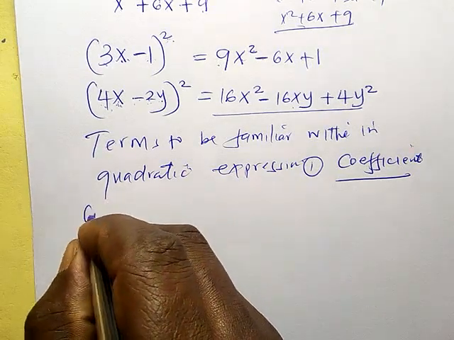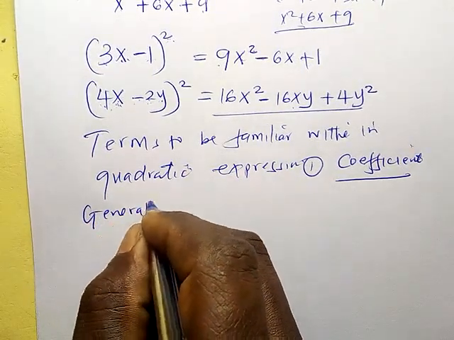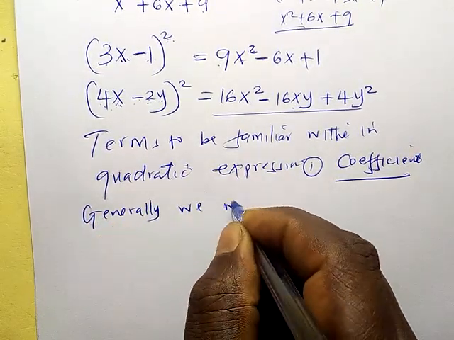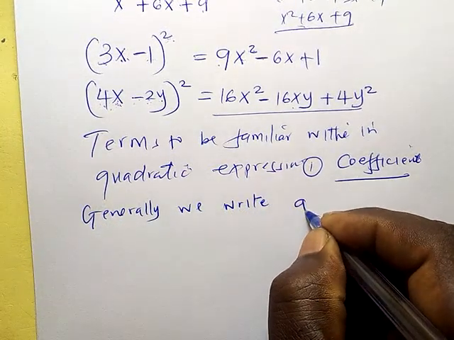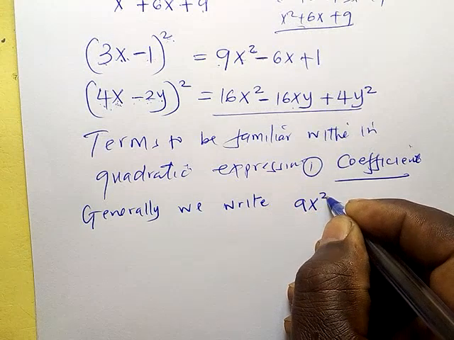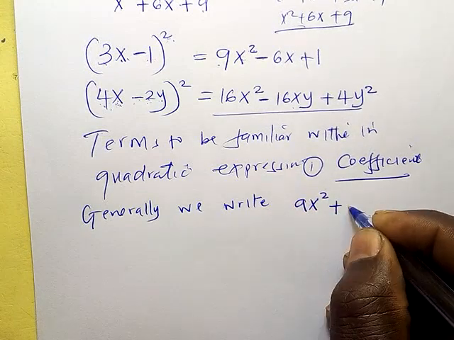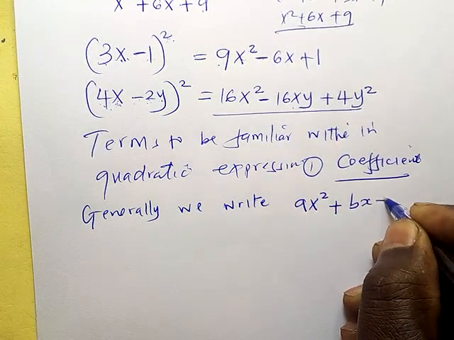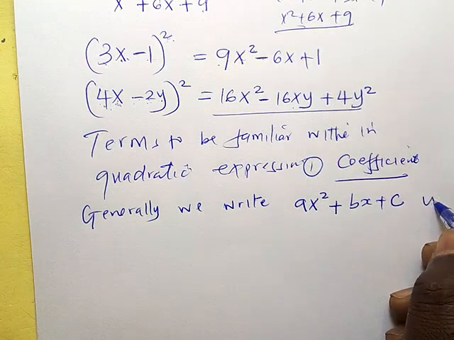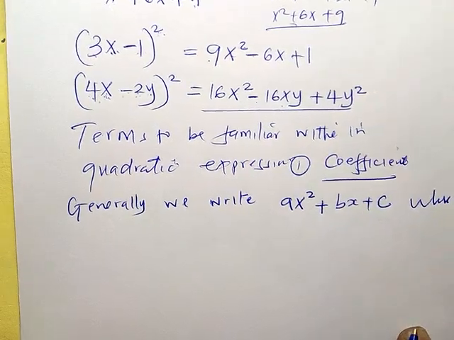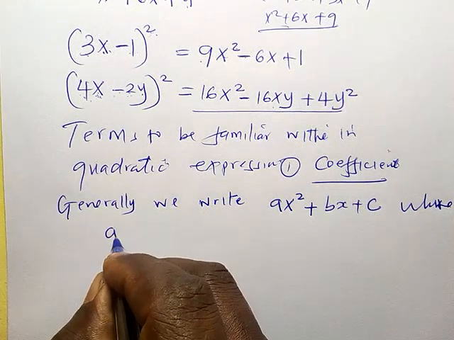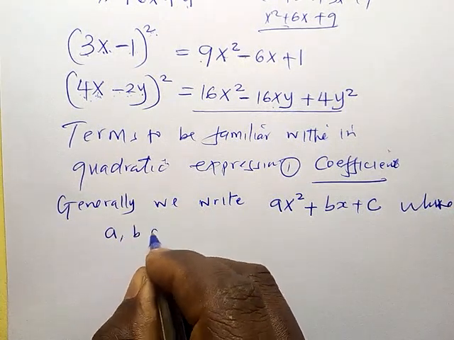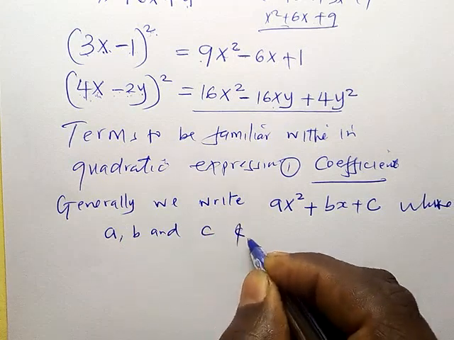Generally, we write a quadratic equation as ax squared plus bx plus c, where a, b, and c are what?